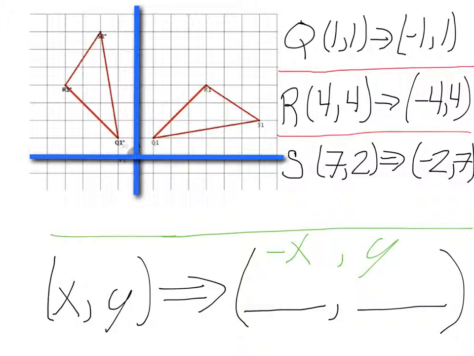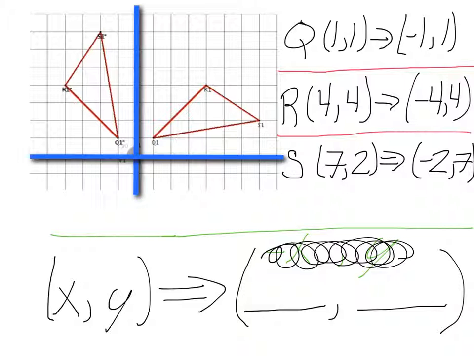There's something else going on once we look down here at that final point. Not only do we have a switch from a positive sign to a negative sign, we also have a flip. 7 was in the x place, well now 7's in the y place. Here 2 was in the y place, and now it's in the x place. So we have something more complicated than the rule that we originally thought.